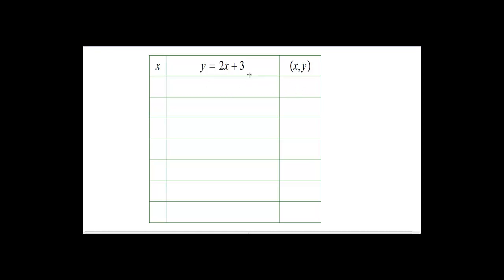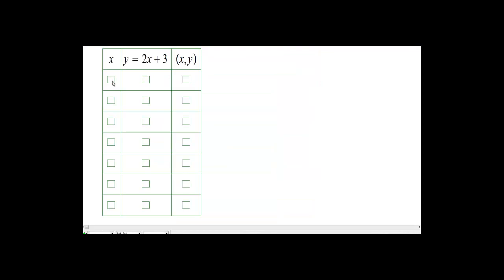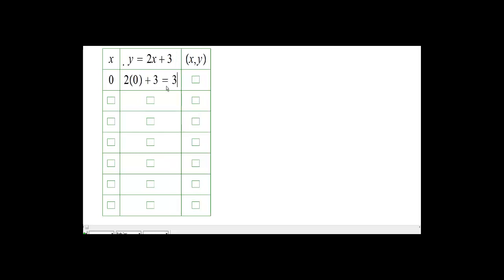satisfy this equation. So we begin with x equals 0, and when we substitute 0 in here for x, what shall we get? 2 times 0 is 0 plus 3 is 3. So this gives us 0, 3 as coordinates of a point on the equation of this line.